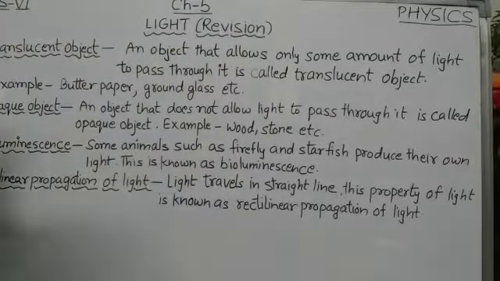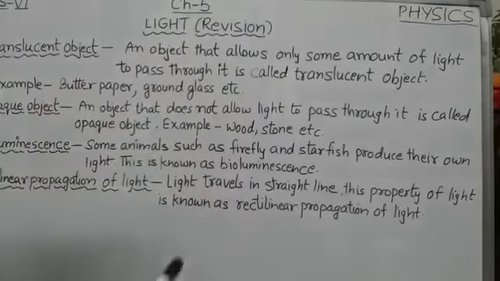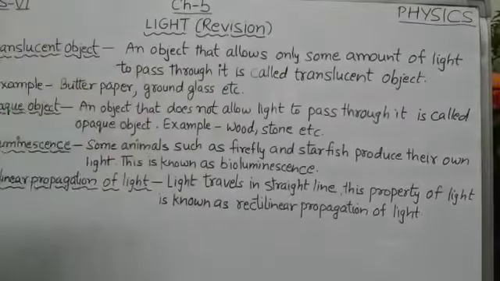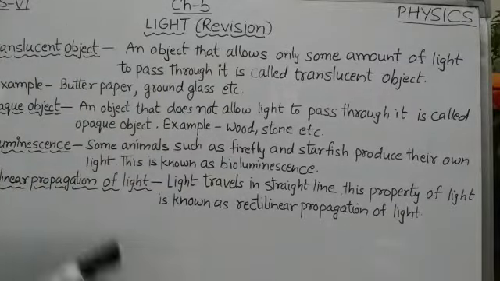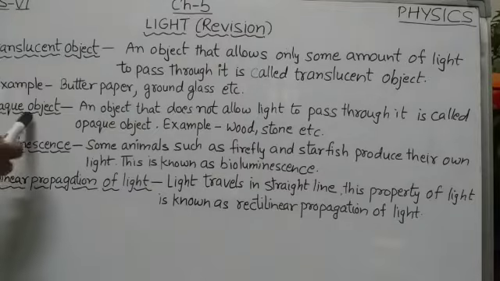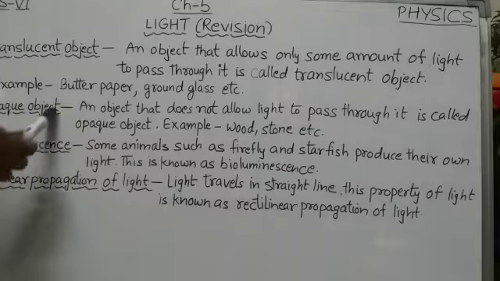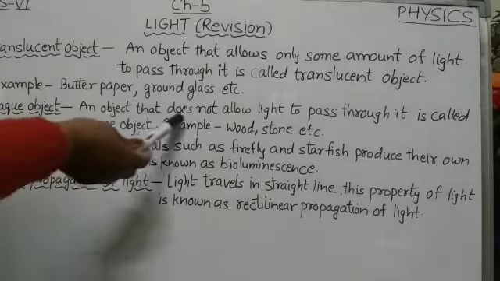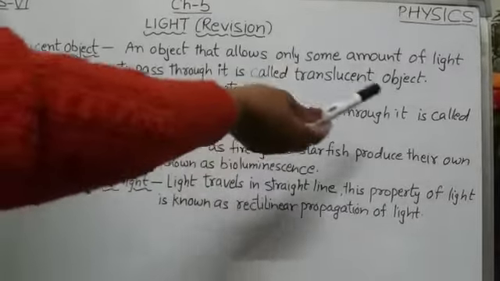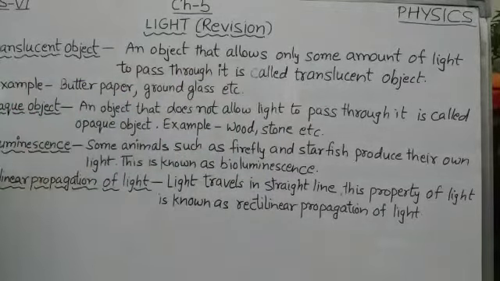Children, I am revising all these definitions so that you can write them properly in your notebook and learn them properly, so that you can score well in your annual examination. Okay. Now next one is opaque object. What is an opaque object? An object that does not allow light to pass through it is called opaque object.